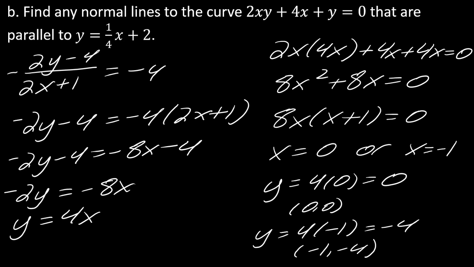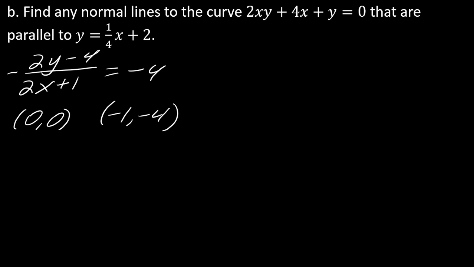Okay, so now I have the points and I have the slope that I need for my normal line. So now let's just back up here. Let me clear some space. This part right here was the derivative, really the equation for the slope of the tangent line, and we set this equal to -4.